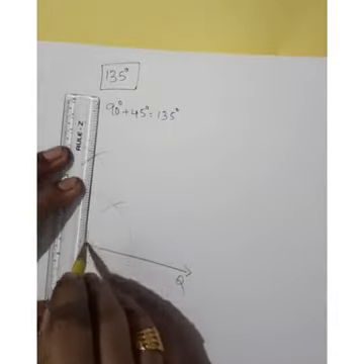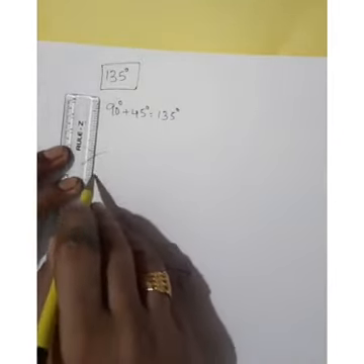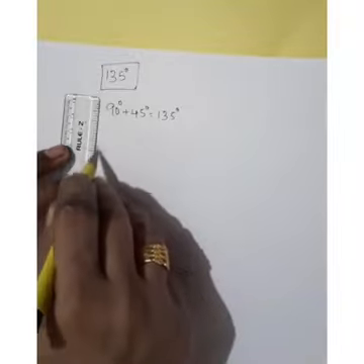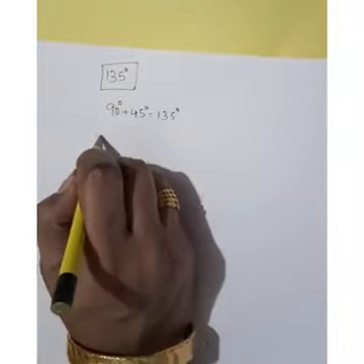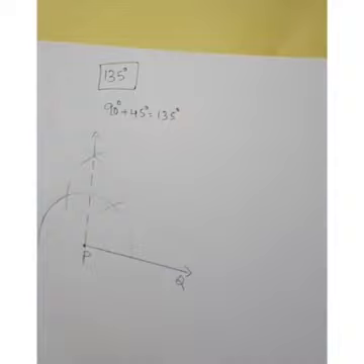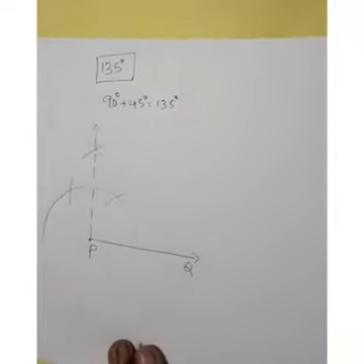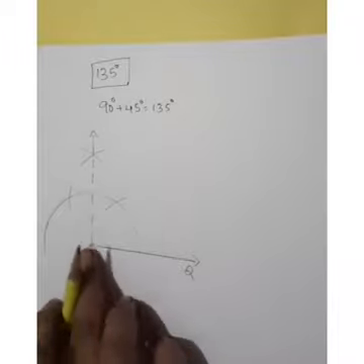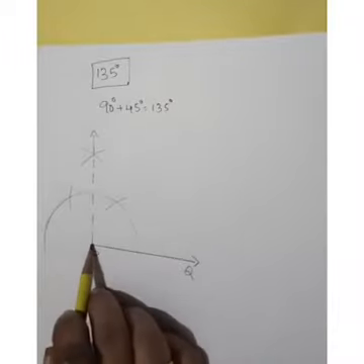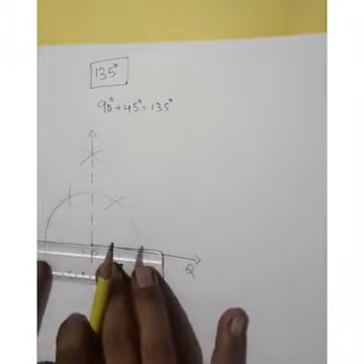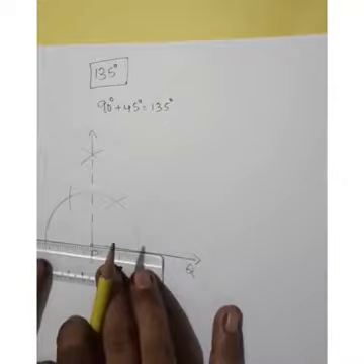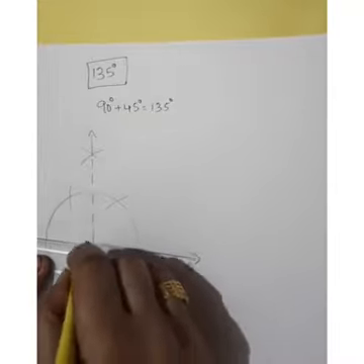This 90 degree we can use a dotted line to represent this 90 degree ray. After that you have to do this remaining part, that is after 90, this part you have to extend and to get this 180 degree, then only you can bisect.